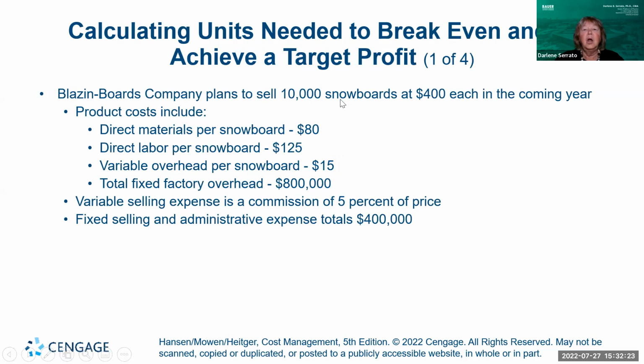So here, selling price is $400, direct materials $80, direct labor $1.25, variable overhead $15, fixed overhead $800,000, variable selling is a commission of 5%, fixed selling and administrative is $400,000.